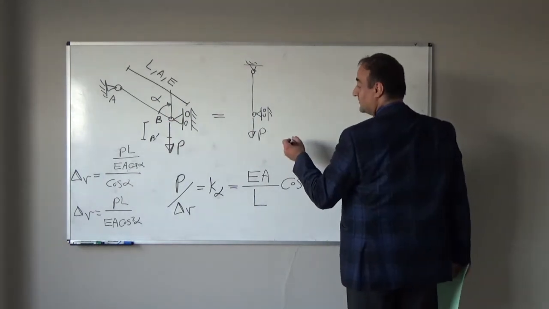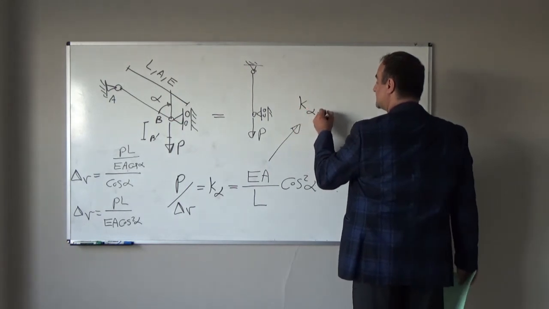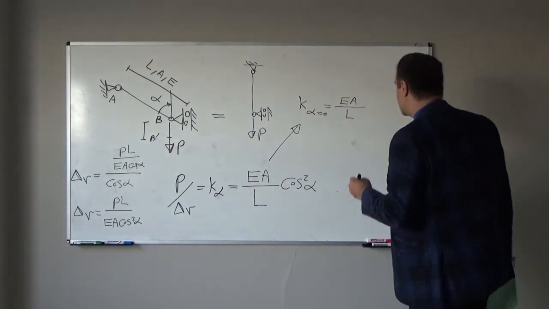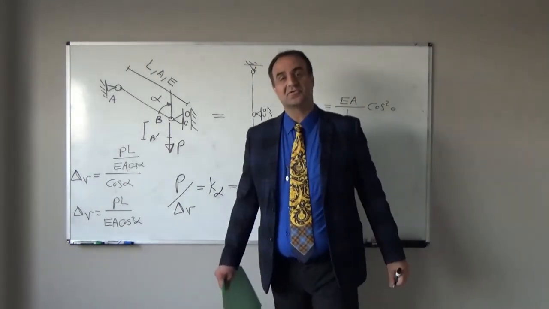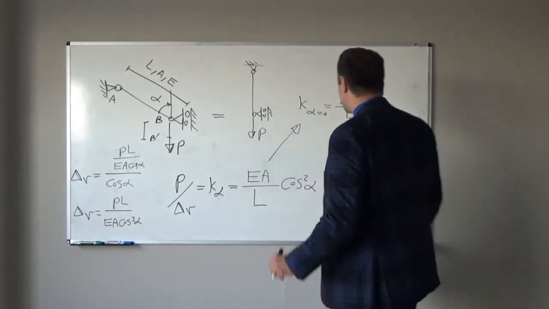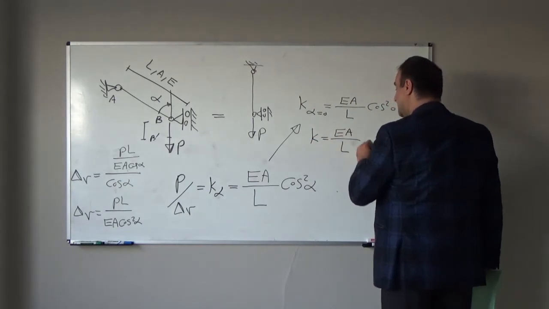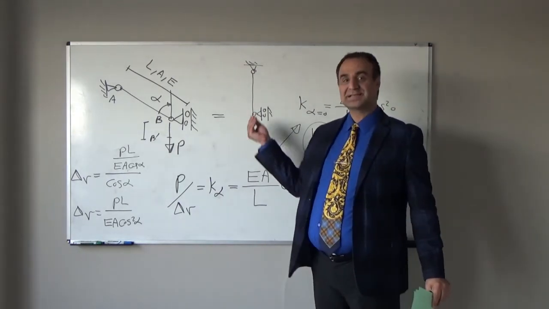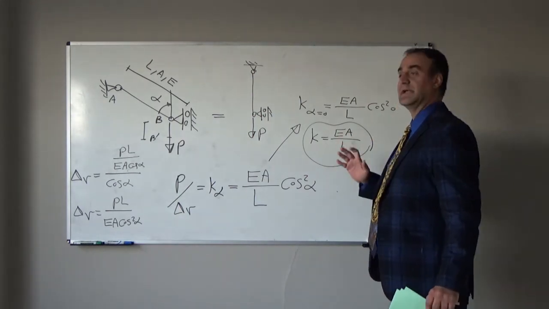If I make alpha equal to 0, K at alpha equal to 0 will be EA over L cosine square 0. What is cosine 0? Cosine 0 is equal to 1. Cosine square 0 will be 1. So stiffness will be equal to EA over L. And we know that. If we have a member and we have force in the axial direction, the stiffness for that member is equal to EA over L.